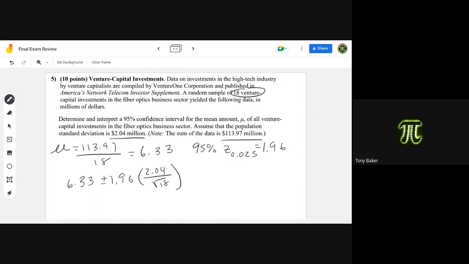In this case, my low end is 5.39 and my upper end is 7.27. So I'm 95% confident that the actual mean is somewhere between 5.39 and 7.27.